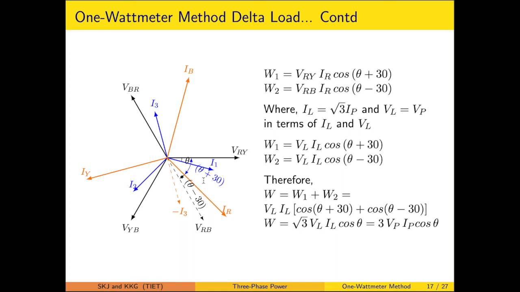We will have the other measurement VRB and IR. To mark VRB, we have to draw it opposite of VBR, and that is given. So the angle between VRB and IR will be theta minus 30 degrees. The rest of the procedure is simple, and we will be able to calculate.